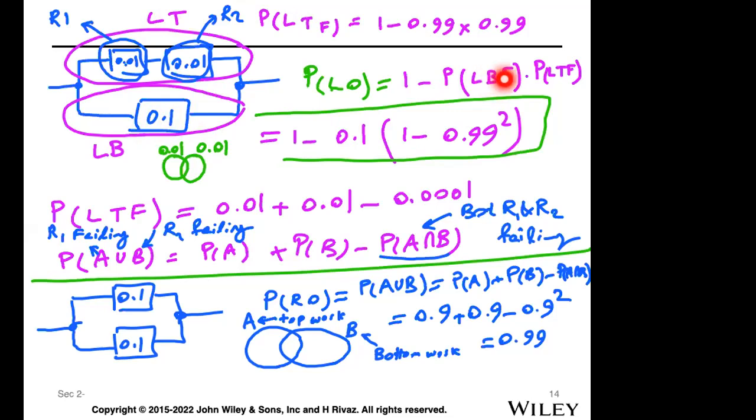So the probability of this thing failing — these are the probabilities of failure, right? The numbers written here, 0.1, is the probability of this component failing. So I wanted the probability of this component failing, and that is 0.1. Left bottom failing is 0.1.